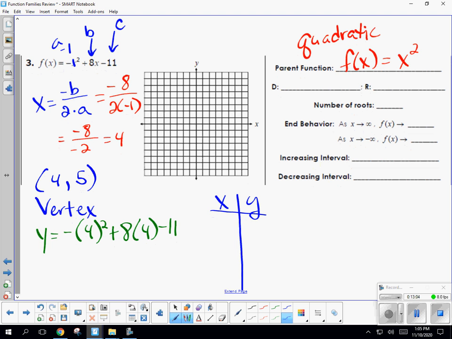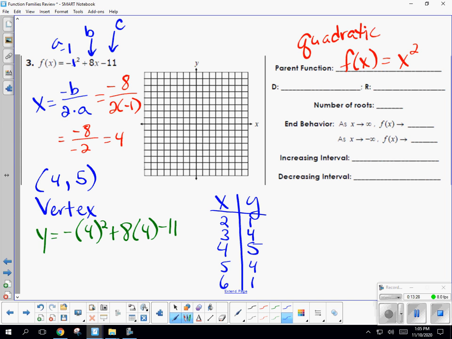Now using a t-table, I'm going to find the other values that I need to graph this function. When I plug these values in, I get 3 is 4, 2 is 1, 5 is also 4, and 6 is 1. So let's graph this quadratic.